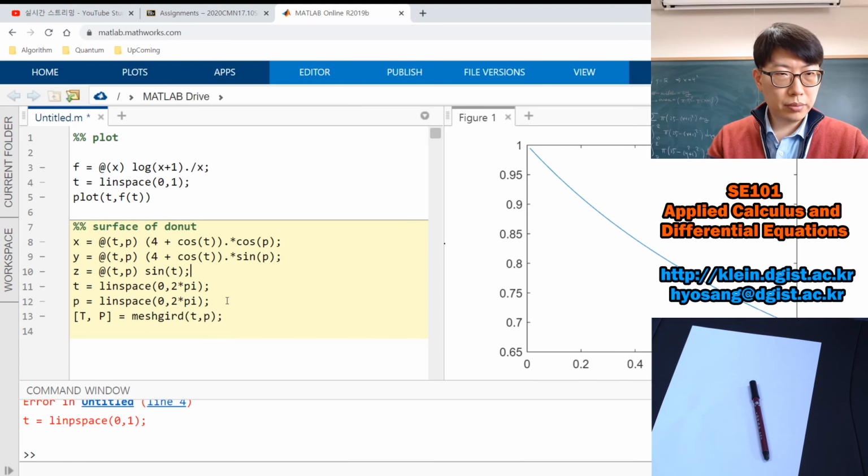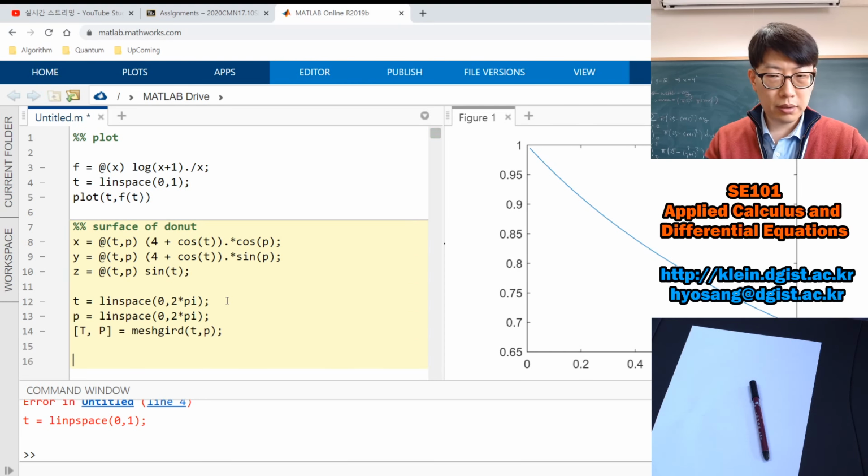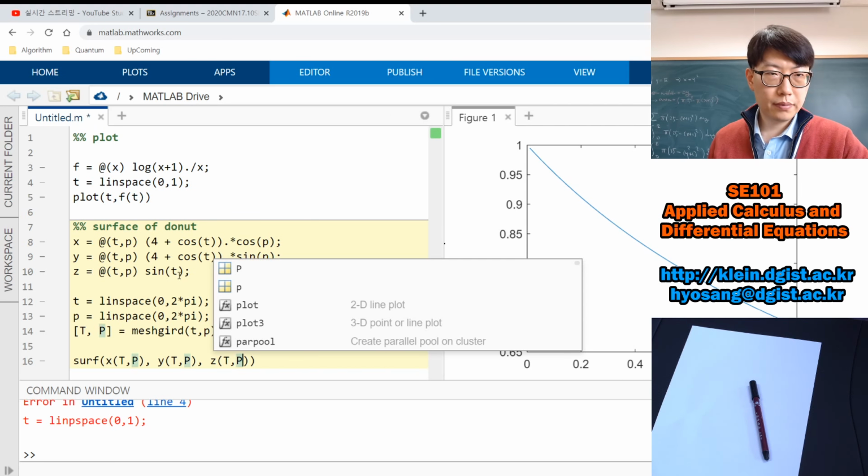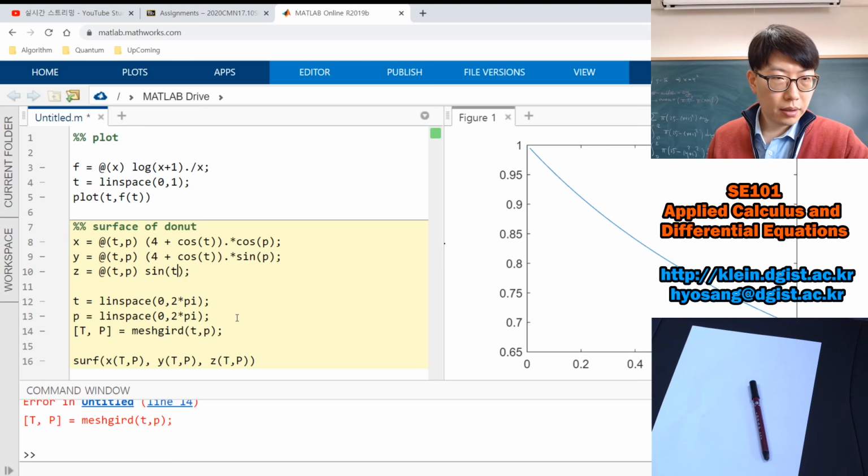I hope this goes well. So we have surf of x(t,p), y(t,p), and z(t,p), grid.